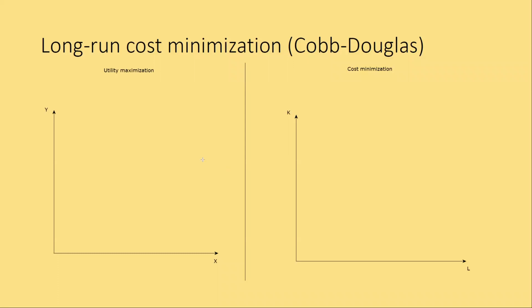So in the utility maximization problem, the consumer has a budget line that is fixed. And I'm using the red color to represent something that is fixed or something that is the target, all right? And the consumer has different kinds of indifference curves. So there are many of them.